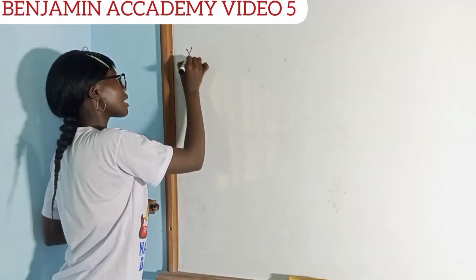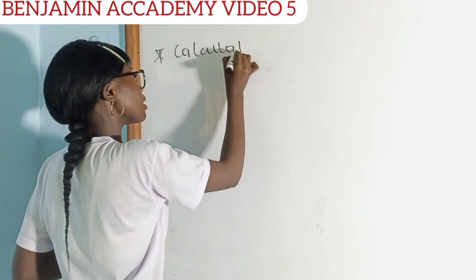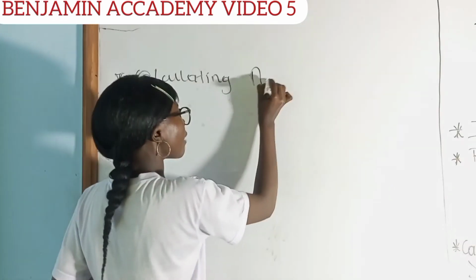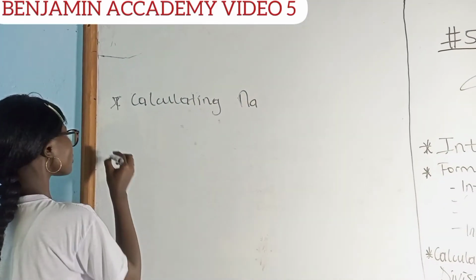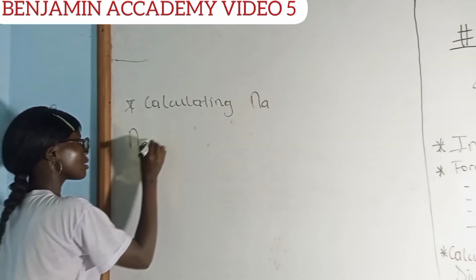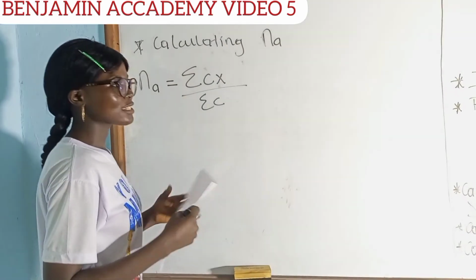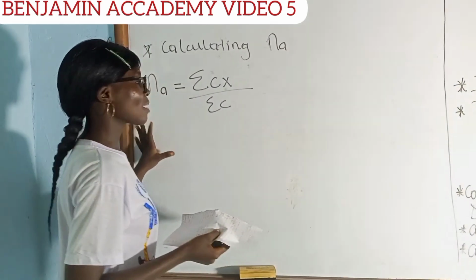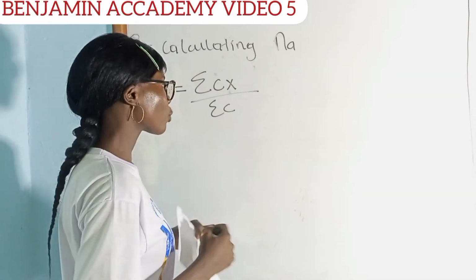You say calculating average duration, which is N A. N A is equal to the average duration. The average duration is a single duration that is used to determine the amount of interest produced by several capitals at the same rate.